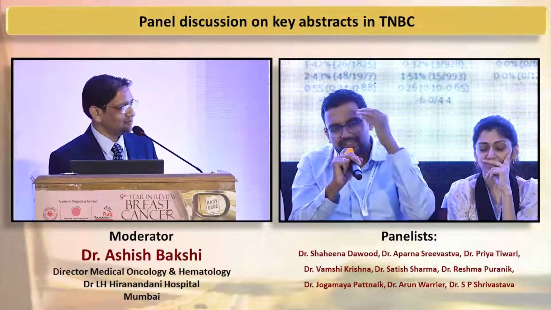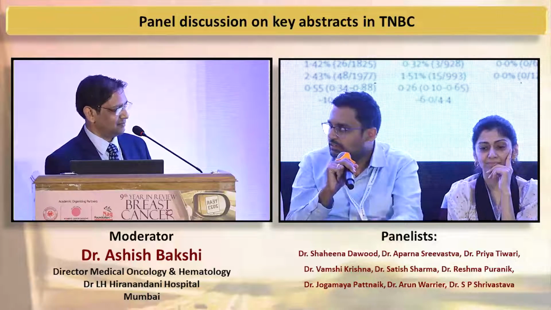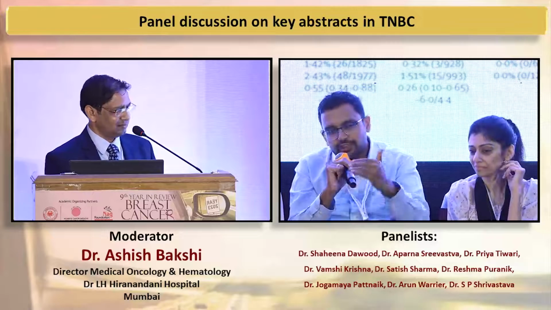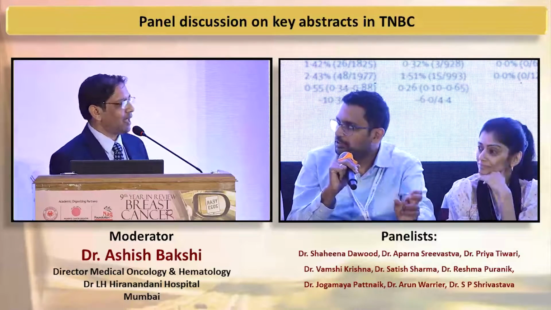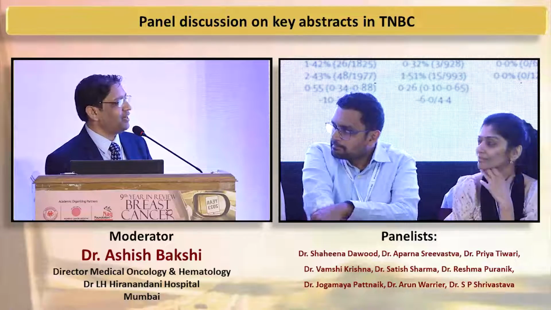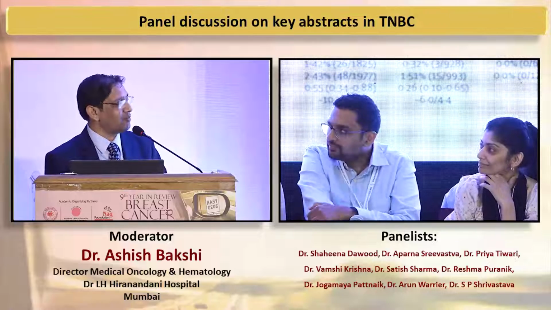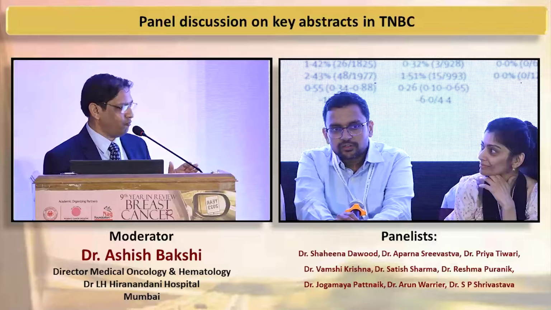And again, if you remember the ACT, what they have said is if you're using docetaxel, your cumulative dose should be higher. If you're using anthracyclines, your cumulative anthracycline dose should be at least 200 or 300 E. Those are the conclusions. But I'm playing the devil's advocate here. The magnitude of benefit, in terms of the recurrence rate as well as mortality, is maximum with this regimen as compared to all other regimens that they have put there.